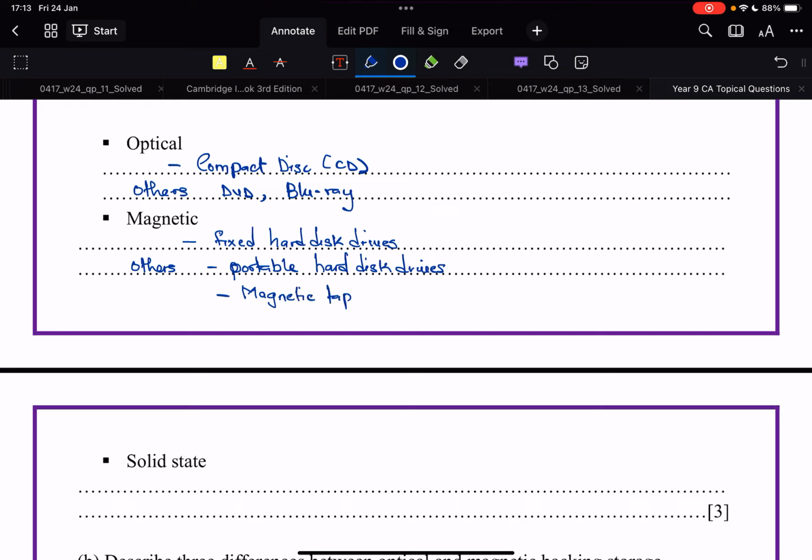So whichever one you want to take down is fine.